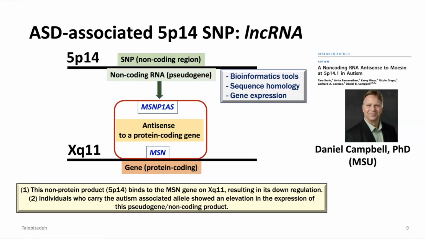The non-protein product produced from this long non-coding RNA binds to the protein coding gene on the X chromosome, resulting in downregulation of this X-linked gene. This discovery demonstrated how genes located on two different chromosomes may interact with each other and potentially contribute to the etiology of autism.